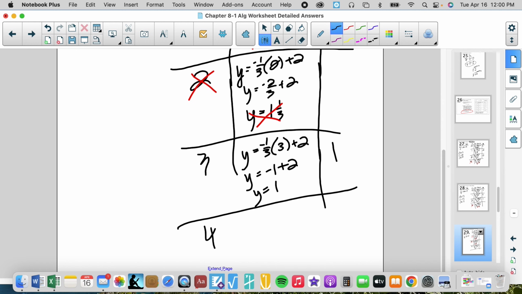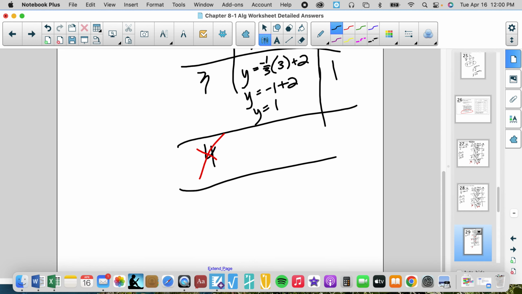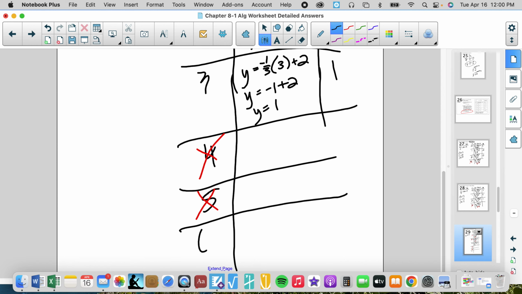Is 4 going to work? No. That'll give me a fraction. Is 5 going to work? No. That's going to give me a fraction. Is 6 going to work? Yes, it is. Do you notice that you need multiples of 3? So y equals negative 1/3 times 6 plus 2. And that's y equals negative 2 plus 2.